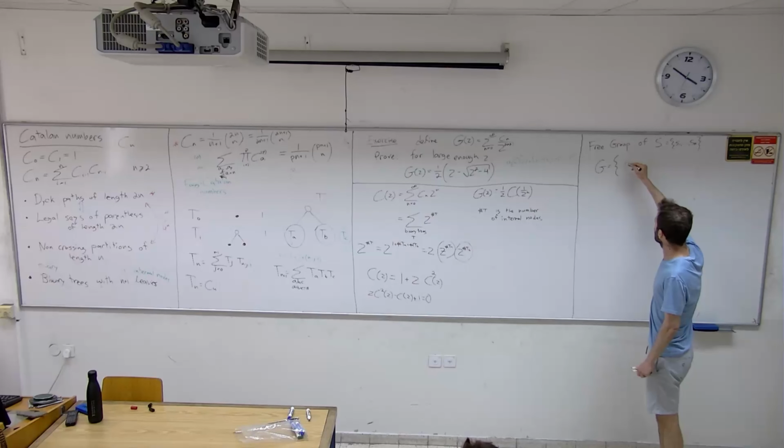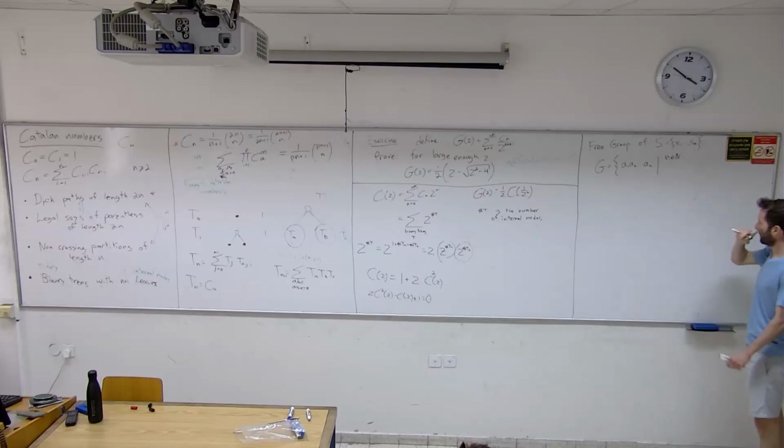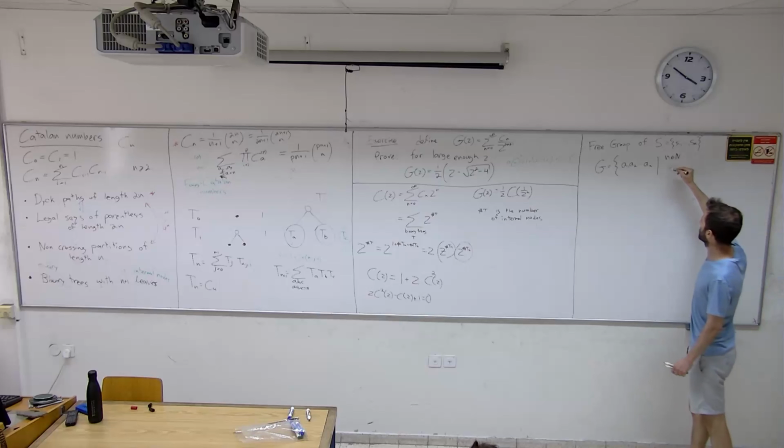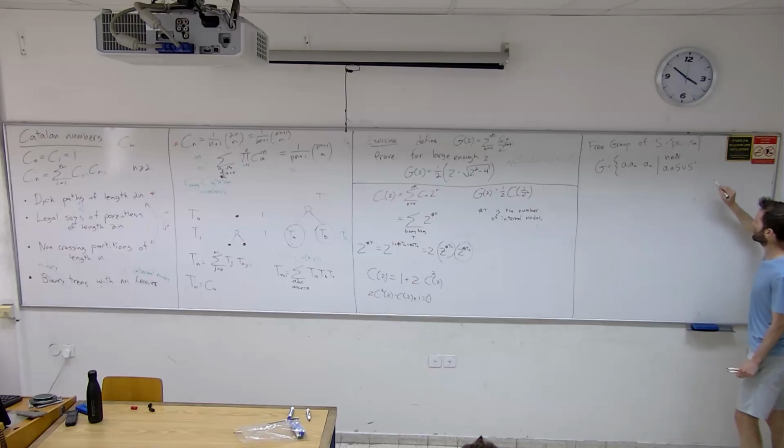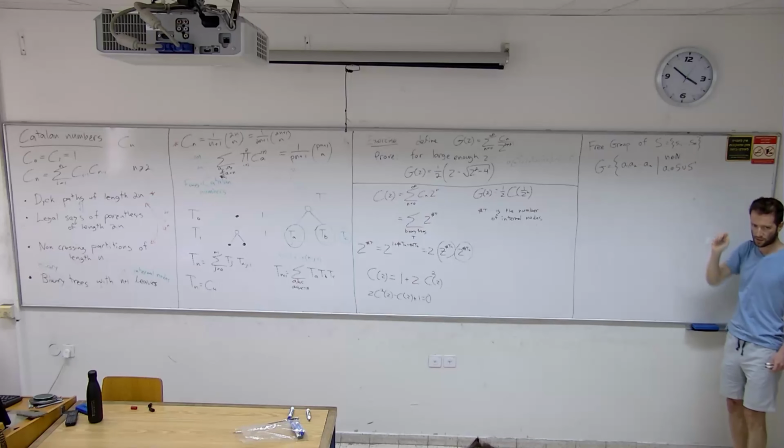It's the set of all sequences A1, A2 up to An, where n is any number, and all the AIs are either in S or in what I denote as S inverse, where S inverse is just symbolically writing the inverses of these elements.